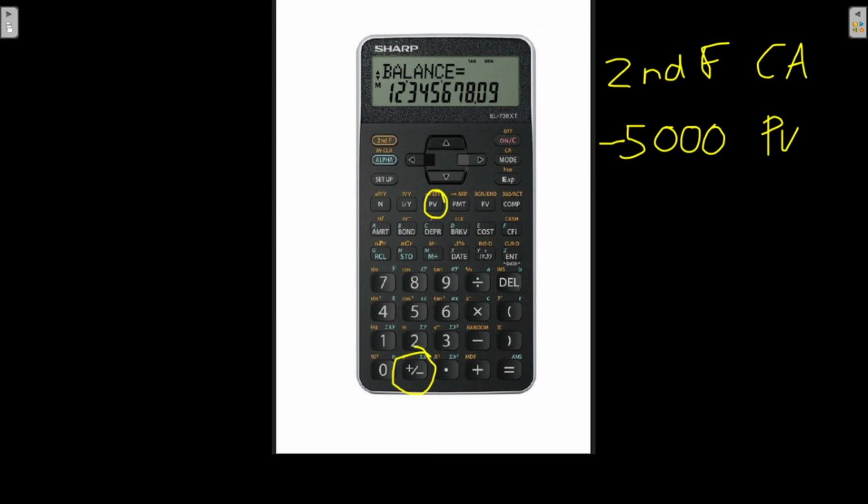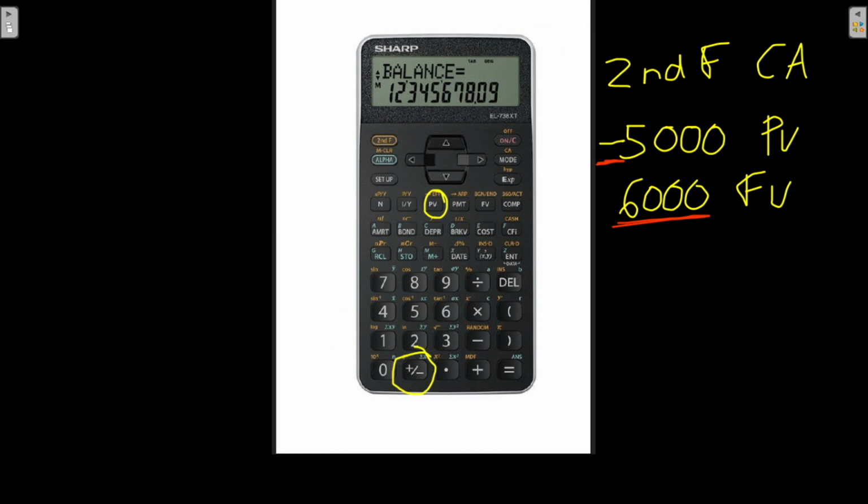Okay, then your future value, 6,000 rands. Now you can see, important here, that your present value is negative and your future value is positive. They can't have the same sign, then you will get an error.